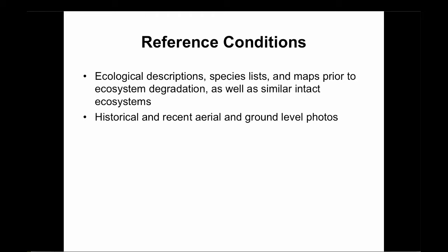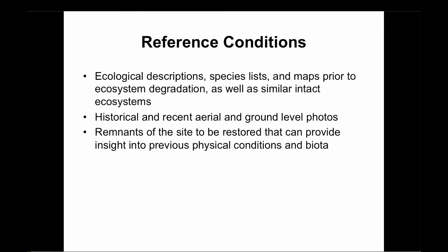We also can look at aerial photos as well as ground level photos that can give us a really good idea to reconstruct these conditions of our reference ecosystems. There may be remnants of a site that are very similar to the site that needs to be restored, and that can provide insight into previous physical conditions and biota.